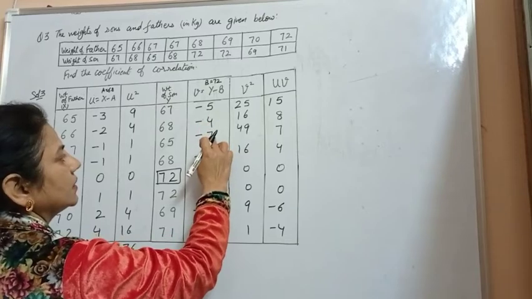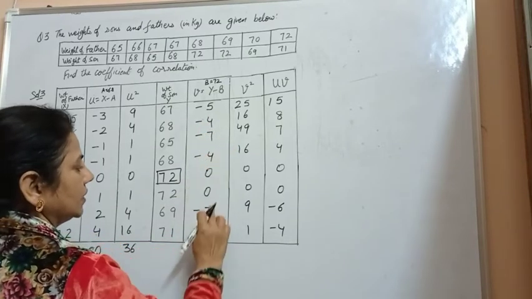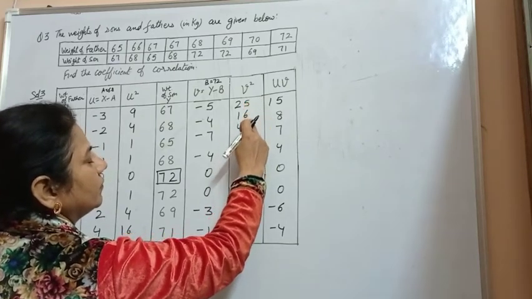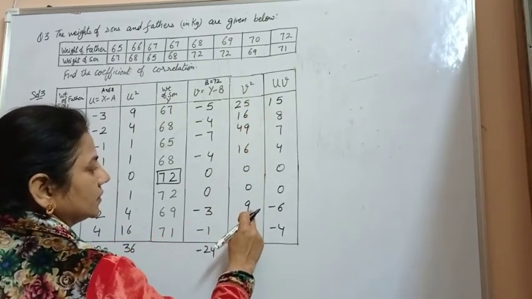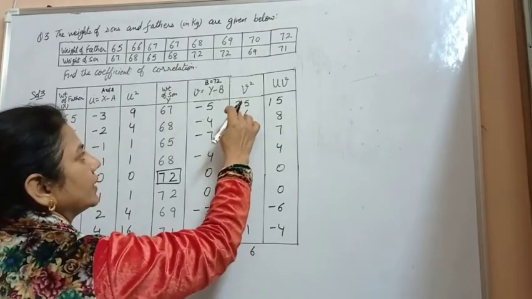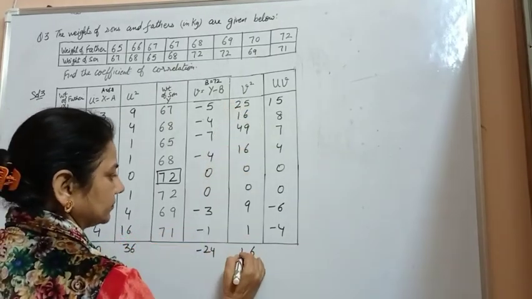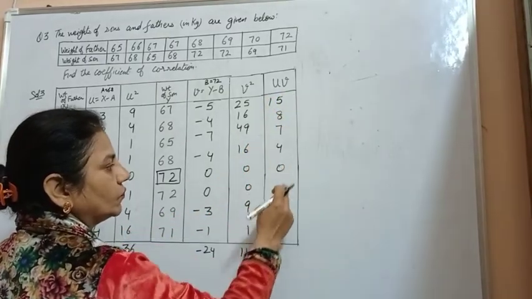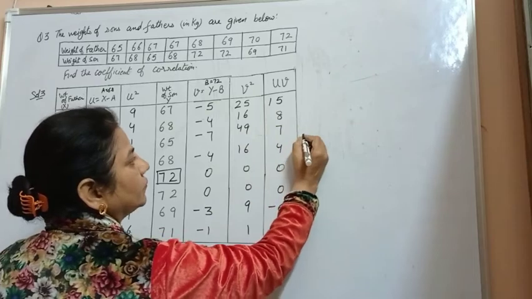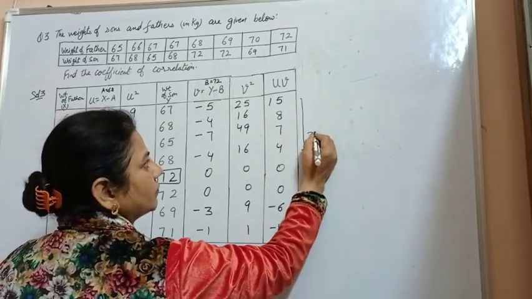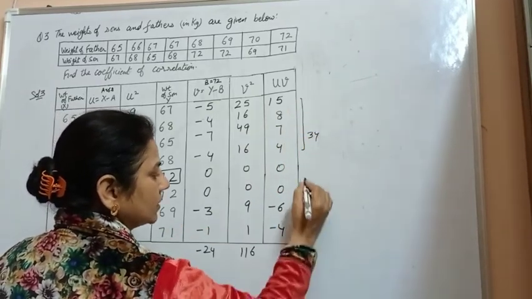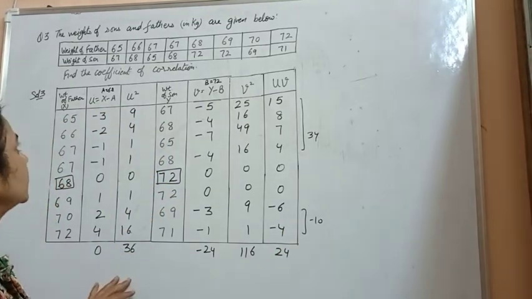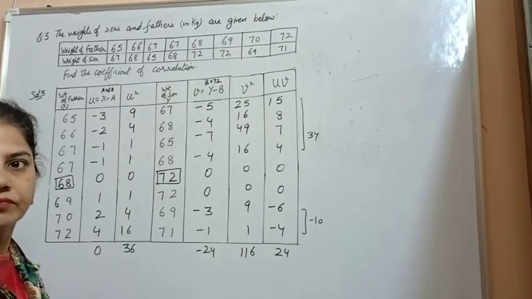Minus 9, minus 16, minus 20, minus 24. 11, 20, 26, 36, 3, 5, 6, 10, 11. 5, 13, 20, 24, 34. So this positive is 34 and negative is minus 10. So we have total as 24. Now we have all this information which we required for the formula.